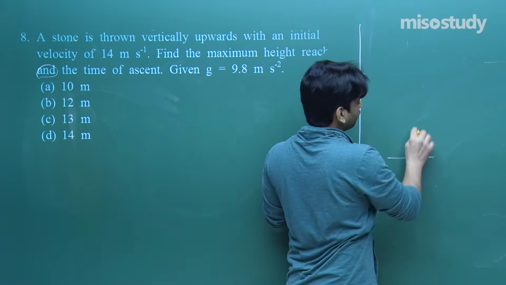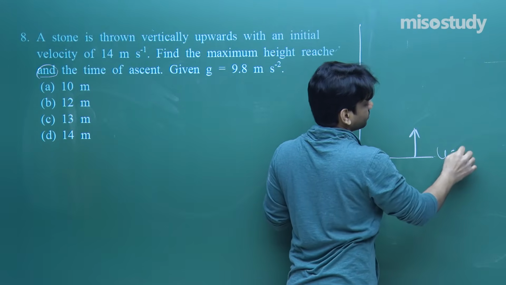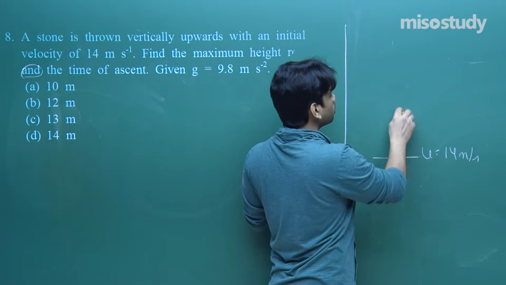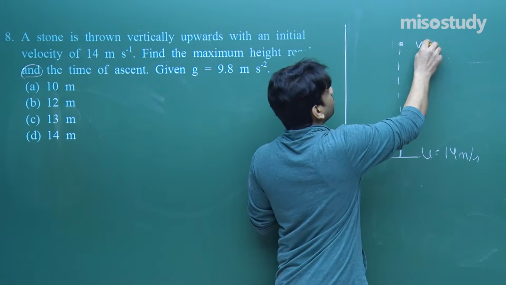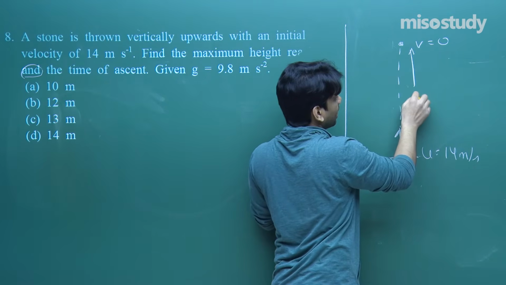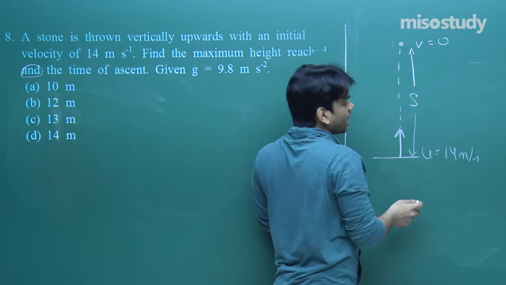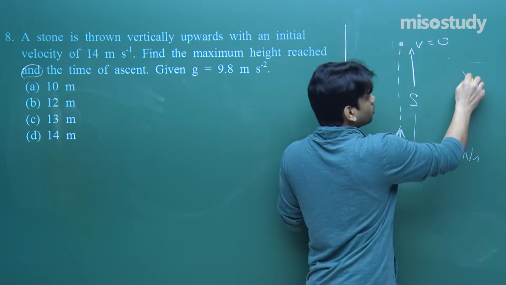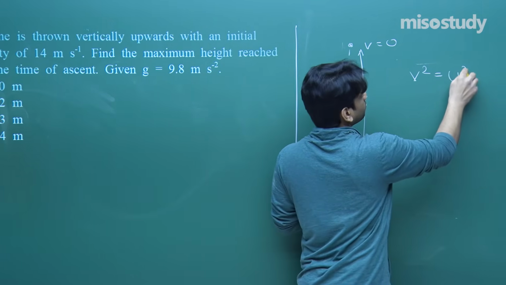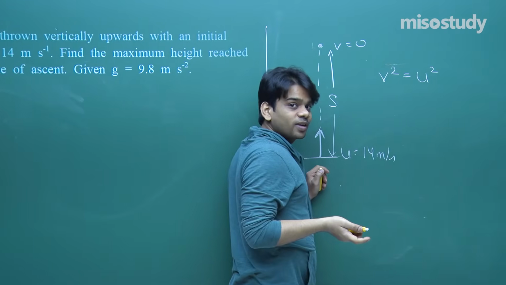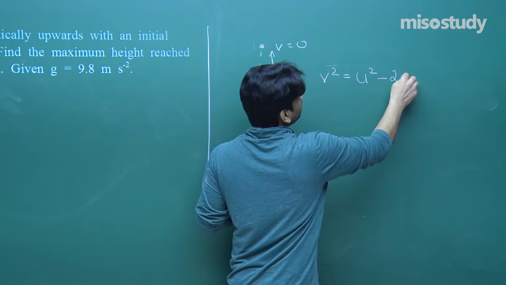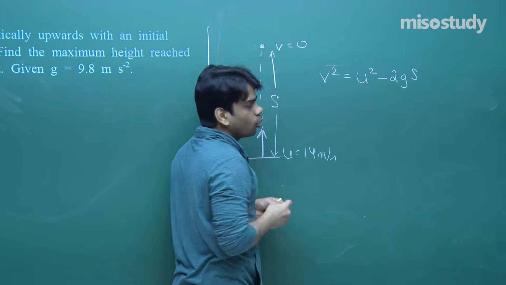Initial speed is 14 meter per second. As it reaches the topmost point, its velocity will become 0. We need to find out the maximum height, so let me write this as S. Can we use v square is equal to u square plus 2as for the upward motion? Or since it's a case of motion under gravity, v square is equal to u square minus 2gs, that will be better.